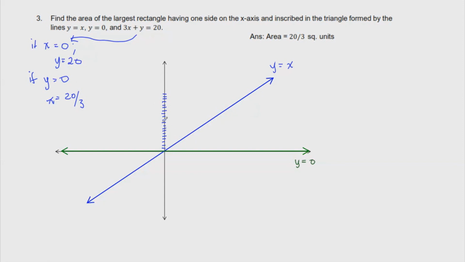And then let's do 20 over 3. So 20 over 3 is 6.67. So let's have 1, 2, 3, 4, 5, 6. That's around there. And then let's just trace the line. I'll be using something like red for this. I hope I made the correct line.